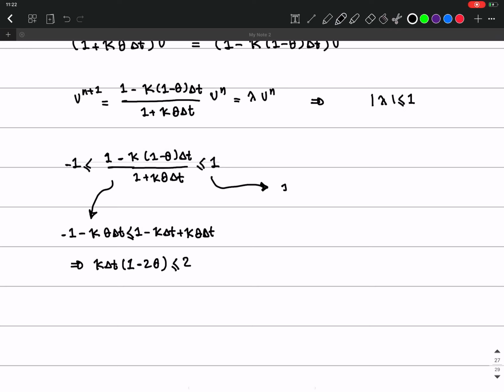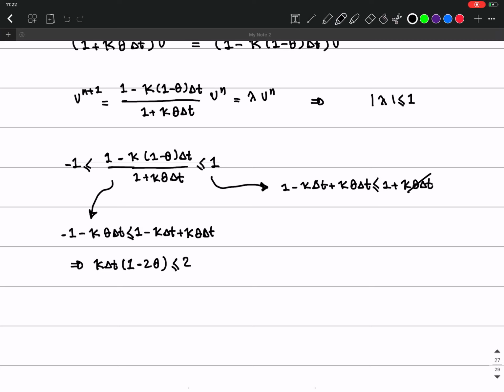So that implies 1 minus kappa, let's say minus kappa, then I have minus kappa delta t. So minus kappa delta t plus kappa theta delta t should be smaller or equal to 1 plus kappa theta delta t.